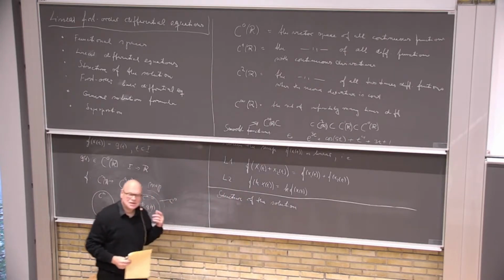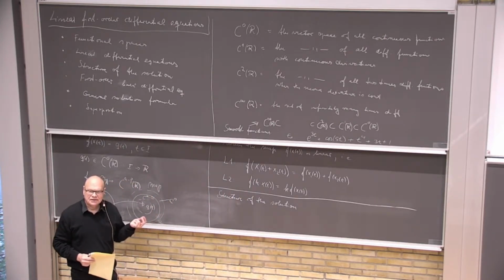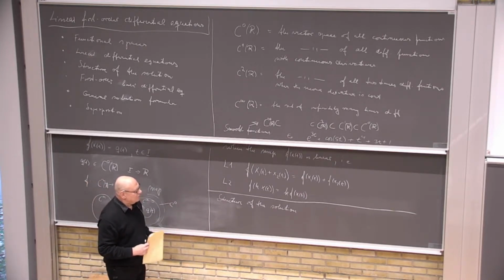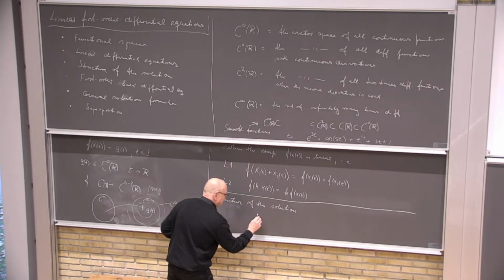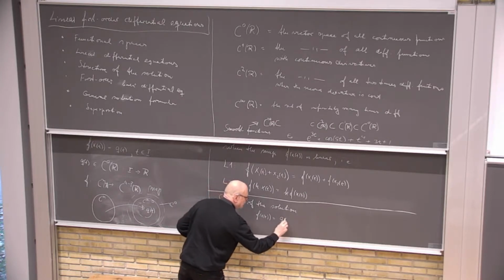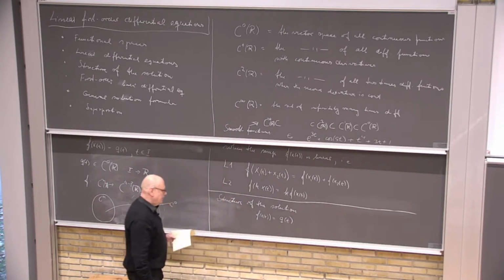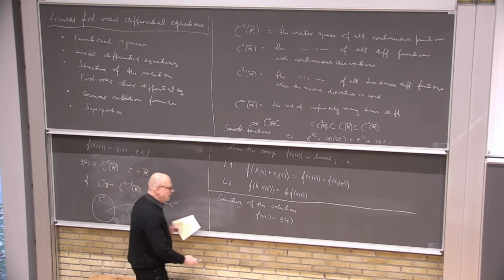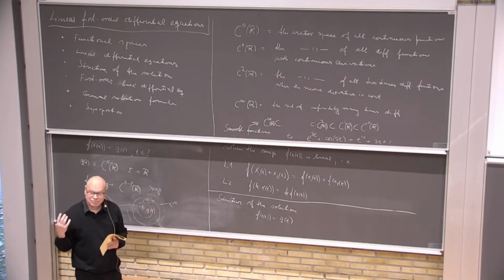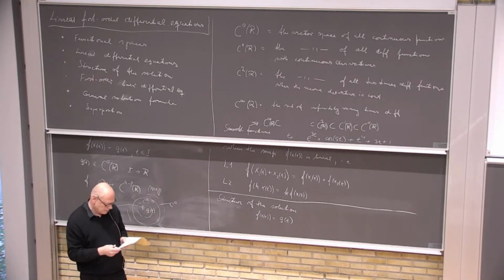Since this map F here is linear, you know that if you have this equation, then the solution is a particular solution plus the solution to the homogeneous system.